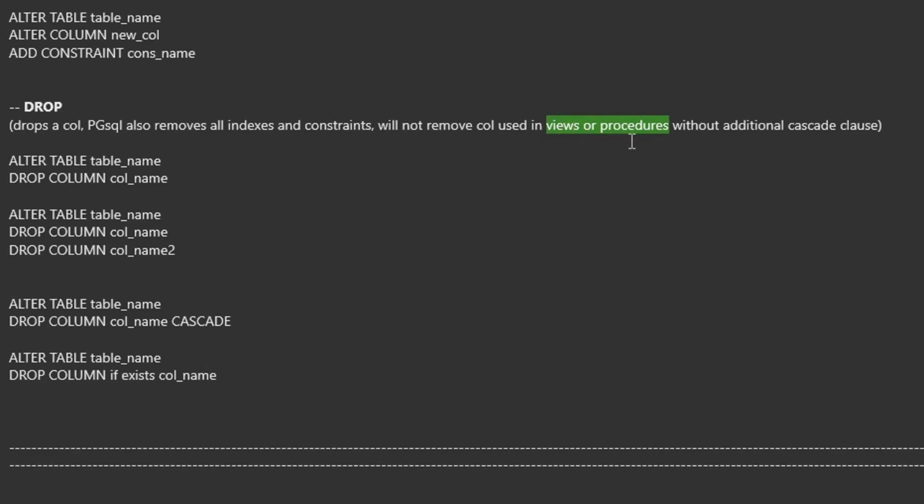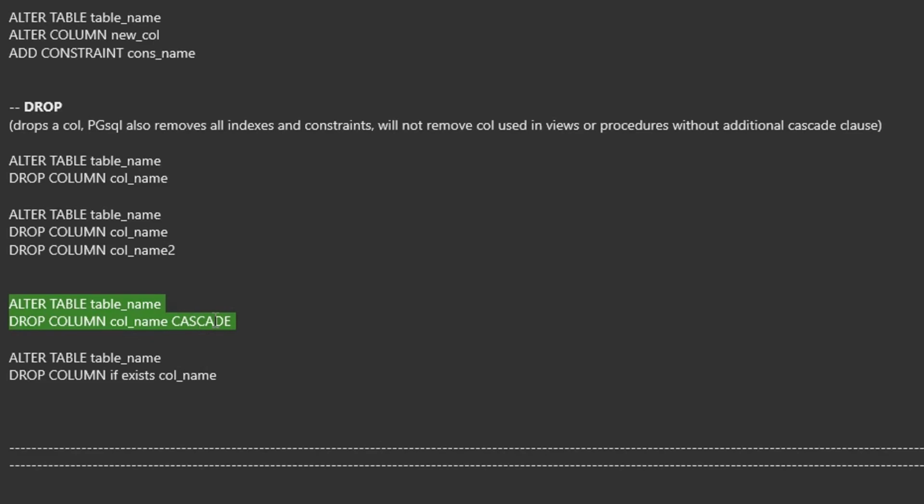But let's say you want to remove the column from views or procedures as well. Then along with the drop statement, you will have to use a cascade clause, for which the correct syntax will be this. You say alter table, then the table name, drop column, then the column name, and then at the end you mention cascade.